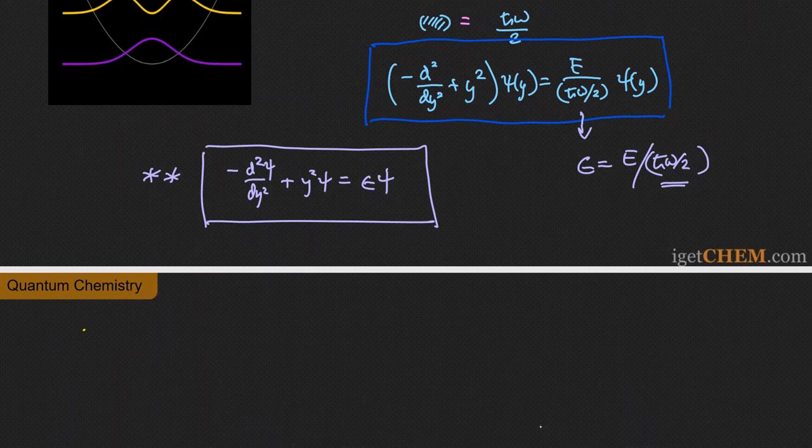I'll just write that as psi of y equals e to the minus y squared over 2. These functions, e to the minus y squared over 2, are called Gaussians. And so we can see that this functional form, psi of y, would actually solve the Schrodinger equation.